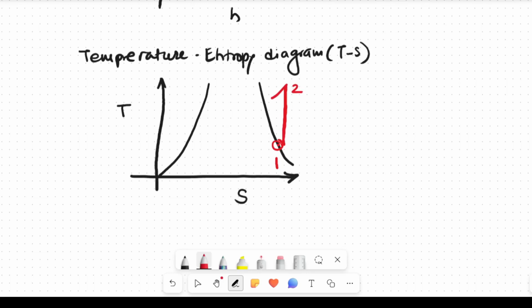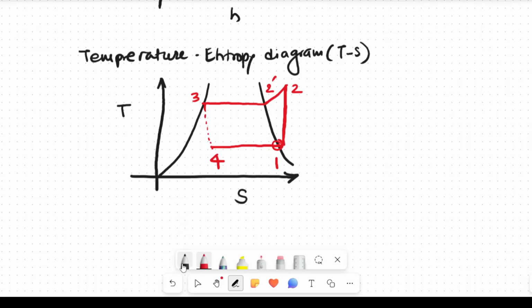So this is 2. Then the temperature drops to 3 dash. This is 3. Then there will be a dotted line and this is 4. So using some assumptions, I have plotted the temperature entropy diagram for a simple vapor compression cycle.